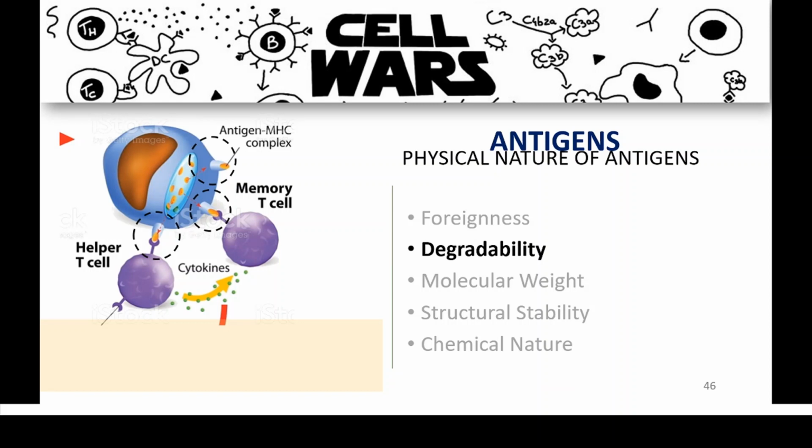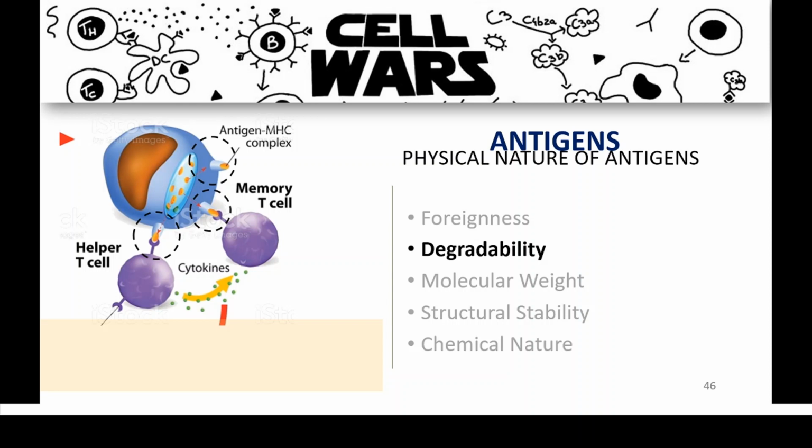Now, when an antigen is presented to T lymphocytes, a stronger immune reaction is expected. Remember in our discussion in the previous video, a T cell dependent antigen can provoke a stronger immune reaction. Likewise, a T cell dependent antigen can cause immunologic memory.